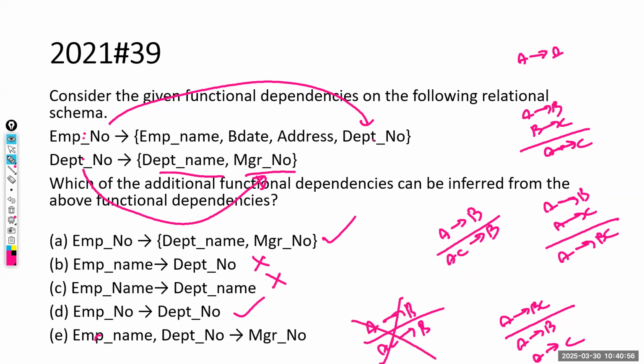If department number determines manager number is correct, then department number, employee name. I don't know. My gut feeling says this is correct, but I can't find an axiom for this. Okay, so let's keep it open and see what the answer is.